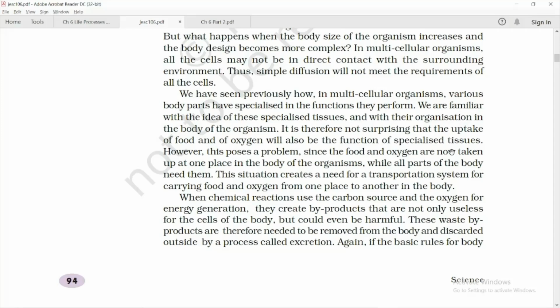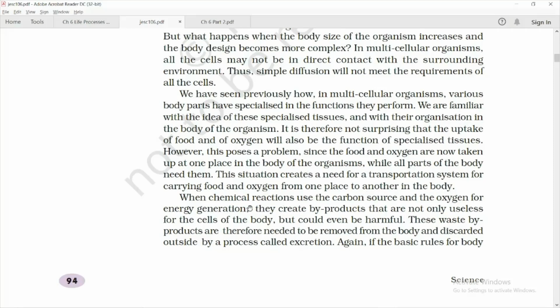It is therefore not surprising that the uptake of food and of oxygen will also be the function of specialized tissues. However, this poses a problem, since food and oxygen are not taken up at one place in the body of the organism, while all parts of the body need them.